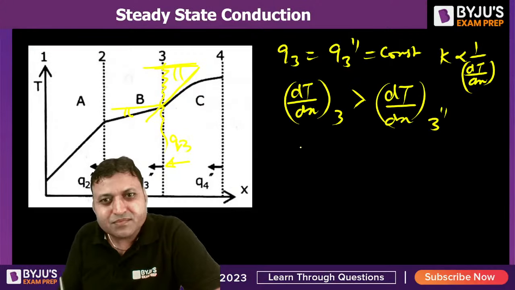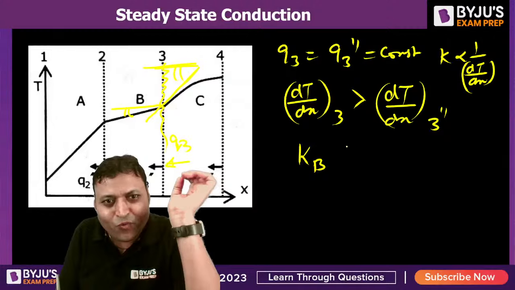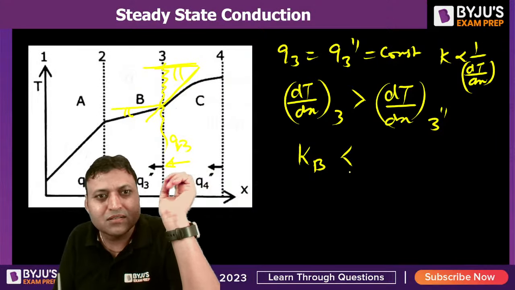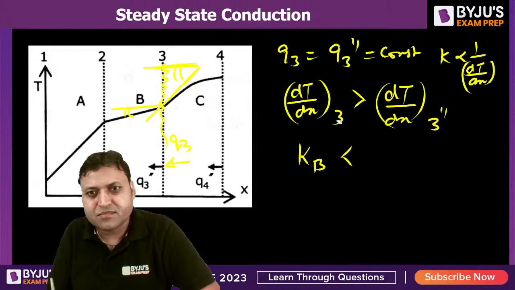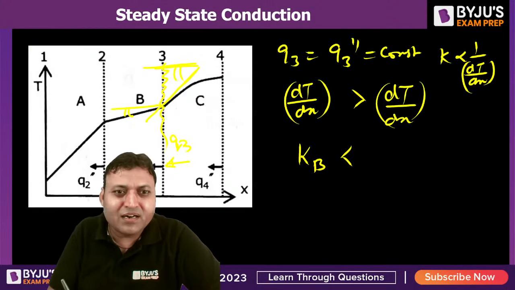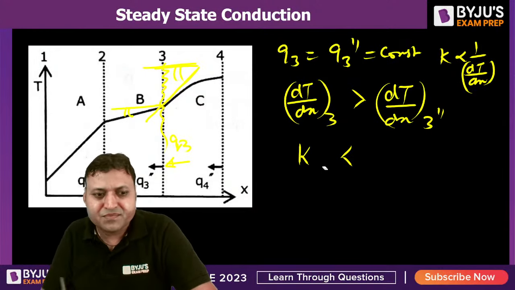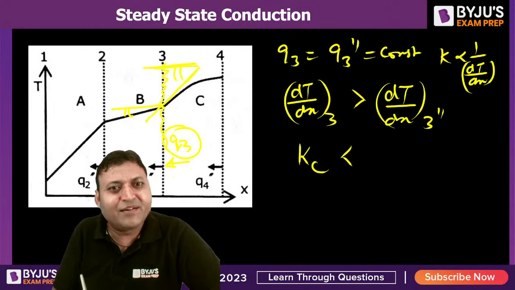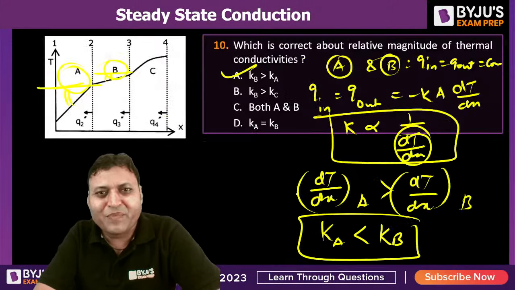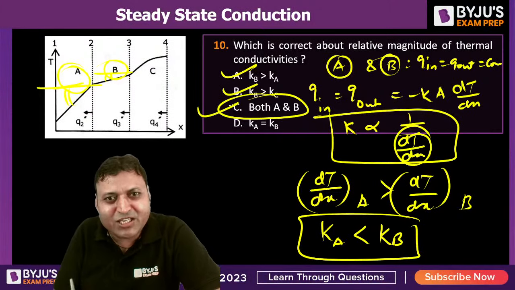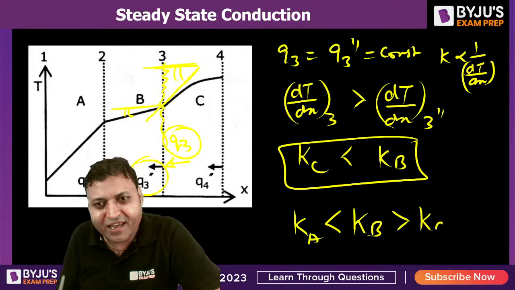Then we can say K3, that is Kc, the thermal conductivity in material C, and 3 double dash is in material B. The slope of 3 is more, so Kc is less than Kb. So the thermal conductivity of material C is less than B. The correct relation is Kb is greater than Ka and Kb is greater than Kc.